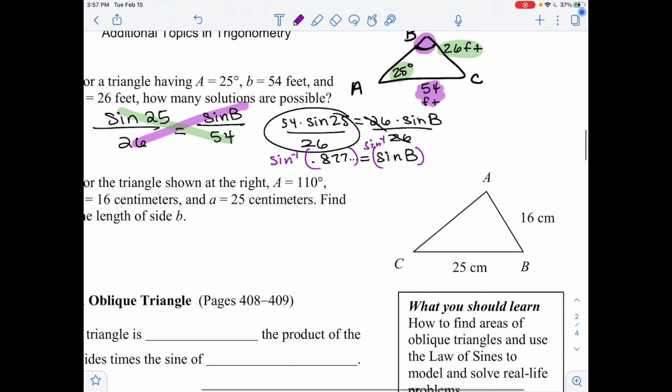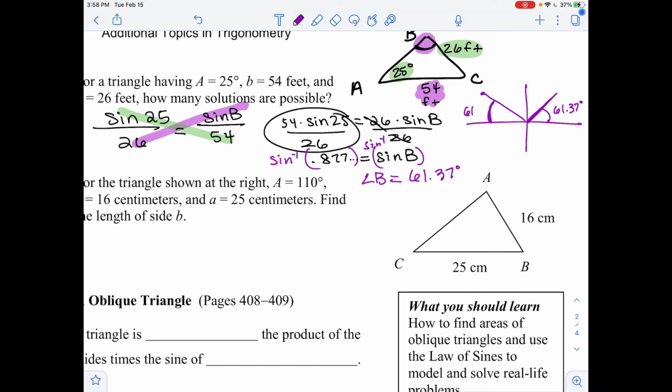So we take the inverse sine of the value 0.8777, hitting shift or second, and I get approximately 61.37 degrees. Now remember, sine is positive here, so this could be 61.37 degrees. But remember, sine can also be positive in the second quadrant. So what would a 61.37 degree angle be here?